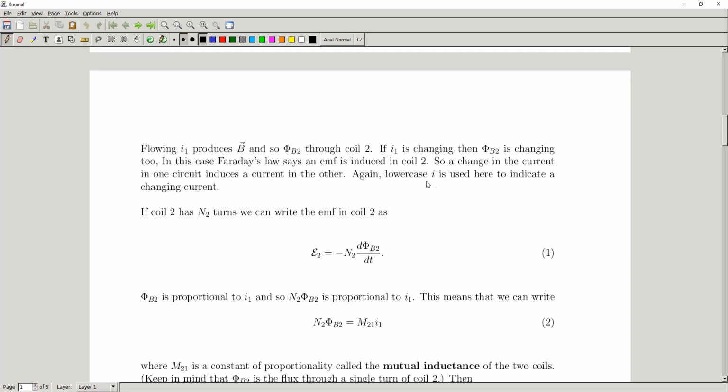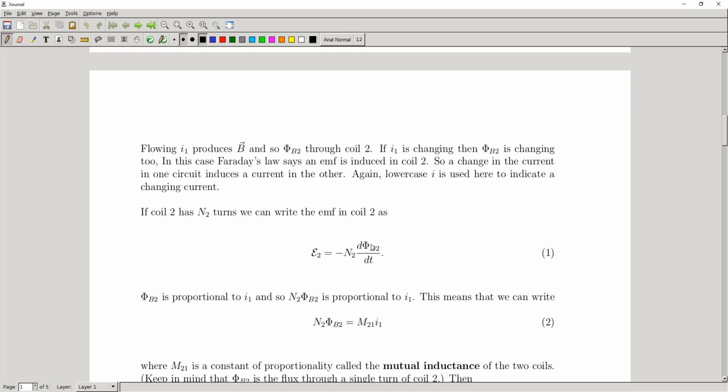Again, I make a note that we're using these lowercase i's to represent currents that are changing in time. We know that we can write down the induced EMF in coil 2 using Faraday, as we see here.